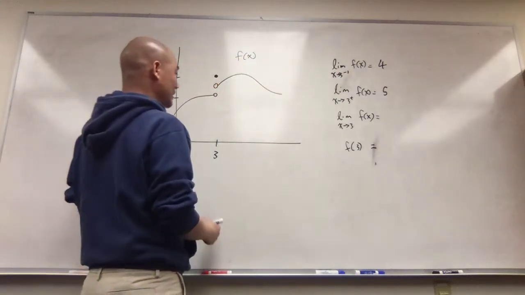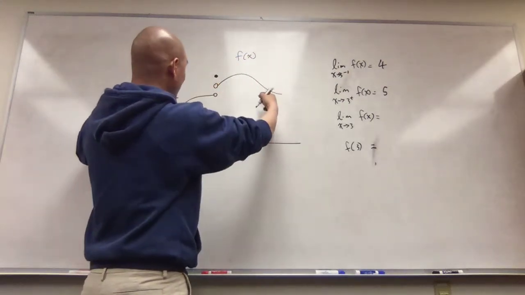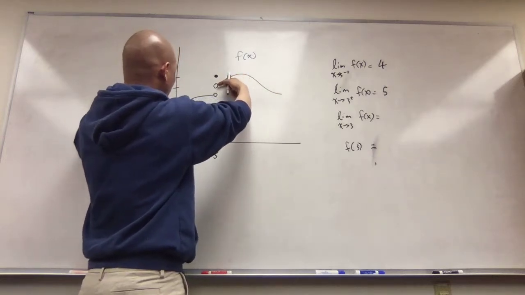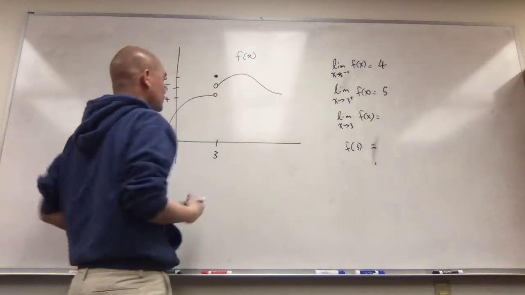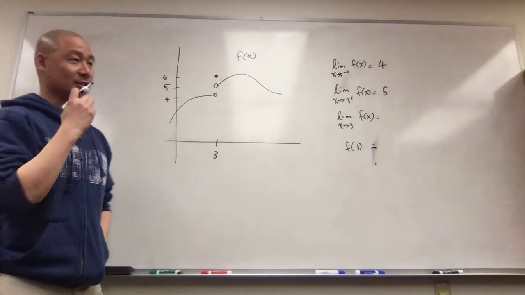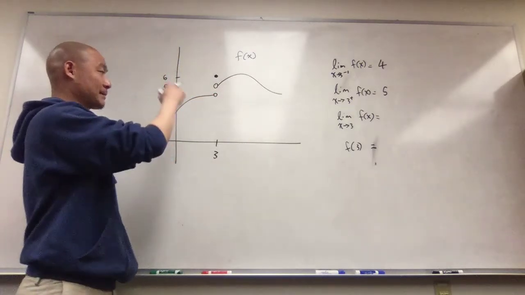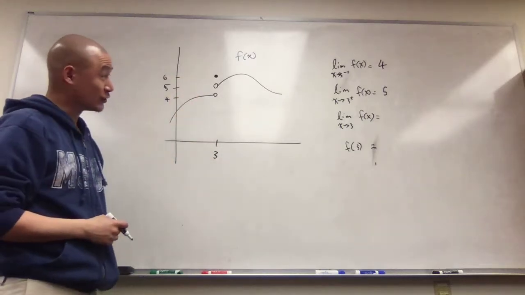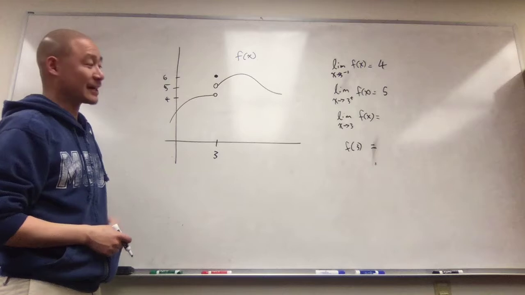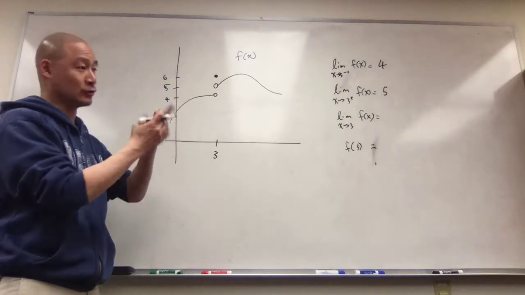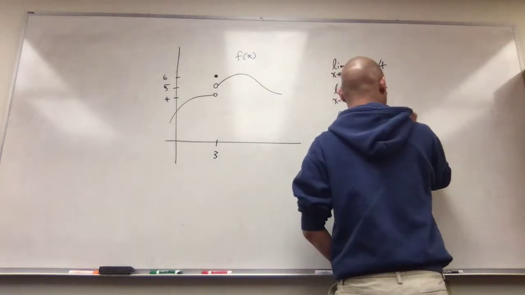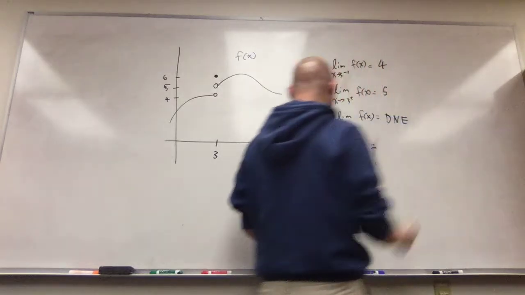Now, when I talk about the limit as x approaches 3, period, because on the right it comes towards 5 and from the left it goes towards 4, it doesn't seem like there's a single value that I could point out and say, well, as things get closer and closer to 3, f of x is going to get closer and closer to this. There is no such number. So that limit does not exist.